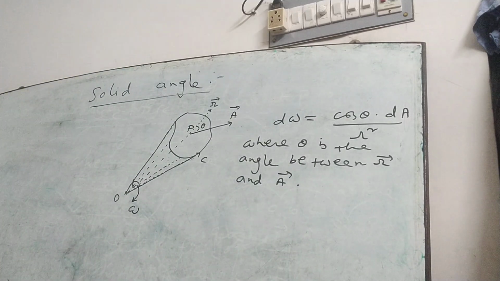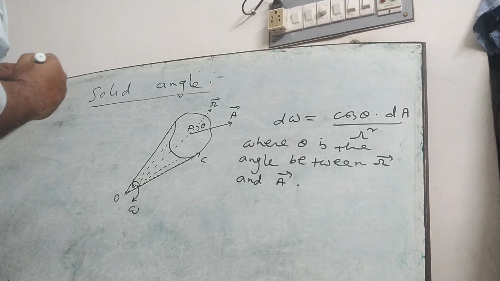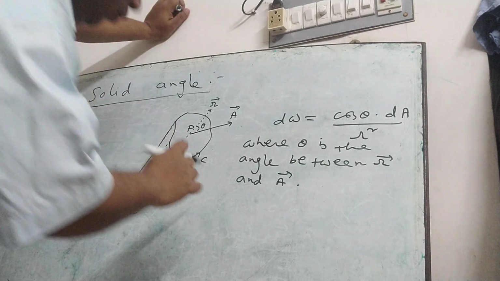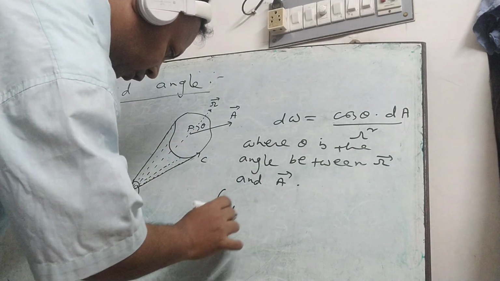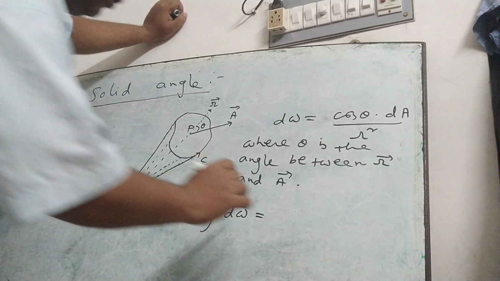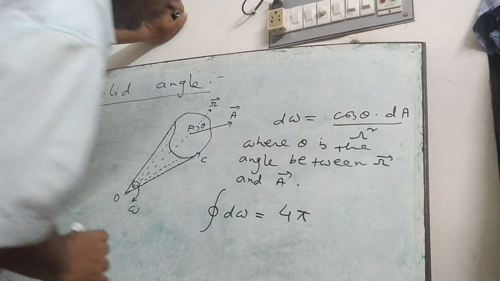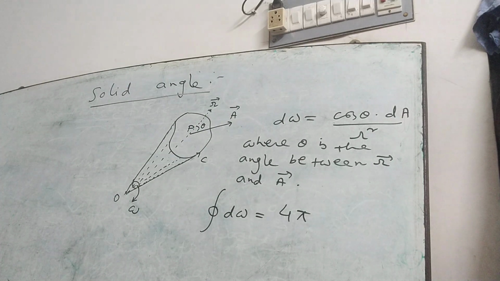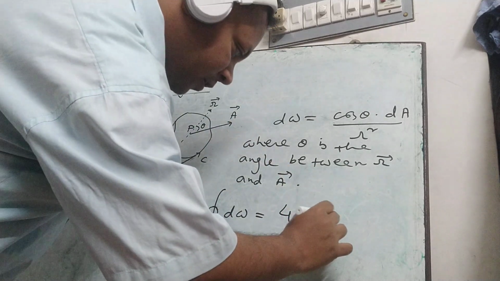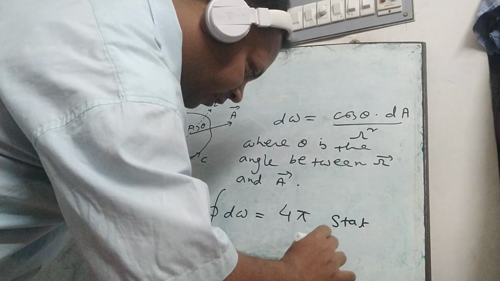We know the closed integration of an angle is equal to 2 pi. Then the closed integration of d omega is equal to 4 pi. And the unit of the solid angle is steradian.